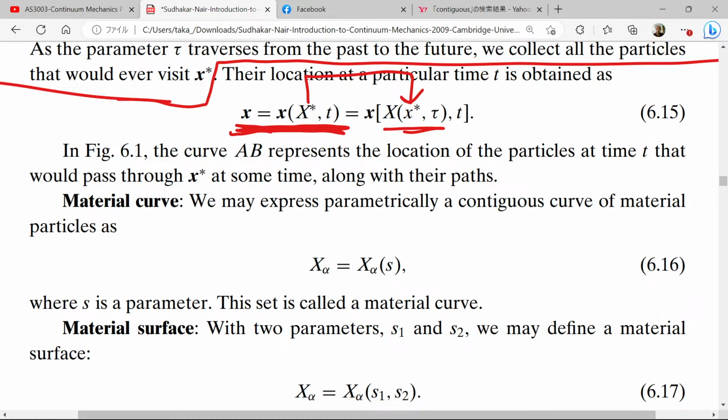What is contiguous? Continuous. This set is called a material curve.